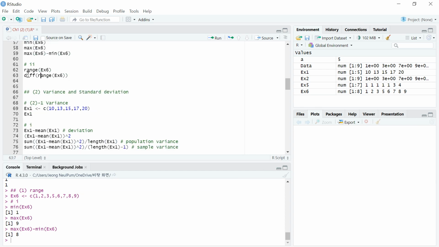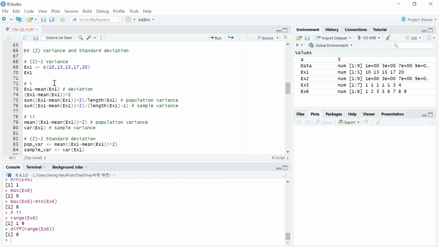And there is also the range function itself. The range function gives us the maximum and minimum values of our data. We can get the range itself by using the diff function, with the input being the result of the range function. So we can get the result as 8, which is the same as the previous result.